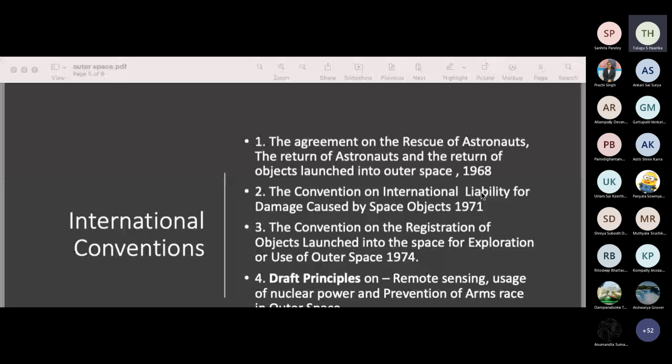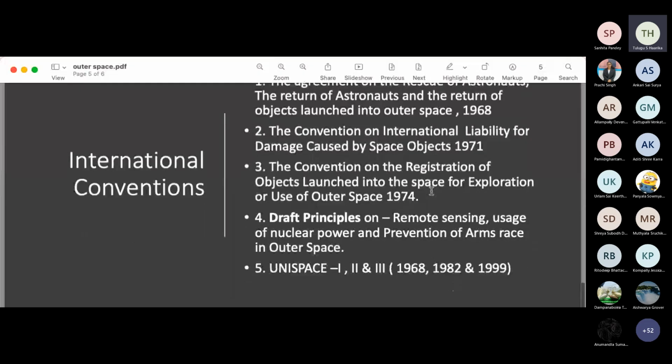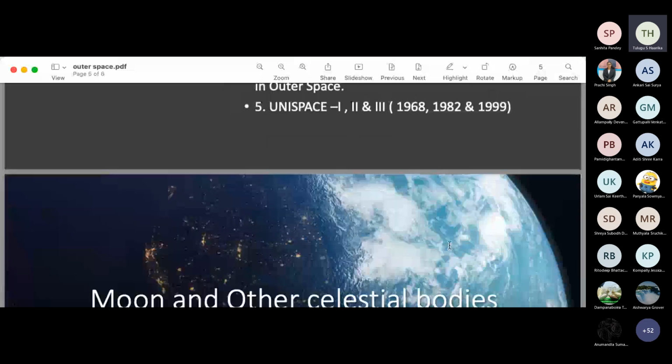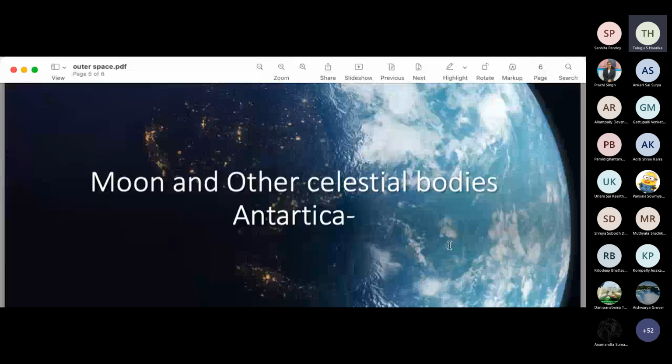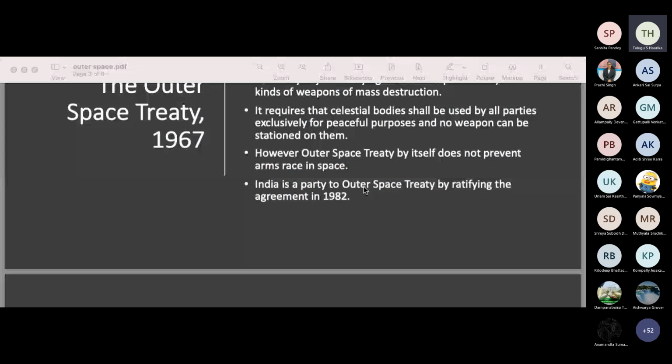We'll discuss registration of space objects and the draft principles which are yet to be formulated, and the UNISPACE conventions 1, 2, and 3. And last, we'll talk about the moon and other celestial bodies and the Moon Treaty in particular. That is very small, like a half-hour lecture is left. So on Monday, we'll start a new topic as well.